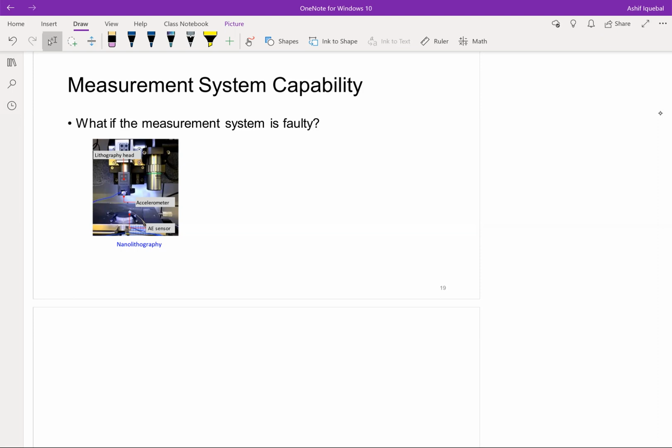If your machine was faulty, however you control your chart and specification limits, you will keep banging your head on the wall and your process will not work, because your measurement system was faulty.